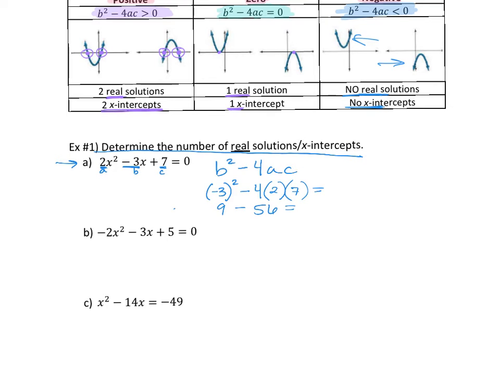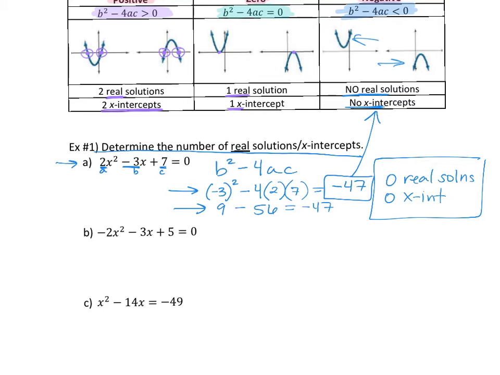I don't need to see this step from you, but I do need to see what you're plugging in and where you're plugging it in. Either way, I get 9 minus 56, or that whole thing plugged in, is a negative 47. Keep in mind, when our number is negative, that's when we have no real solutions. So 0 real solutions, which means we have 0 x-intercepts.